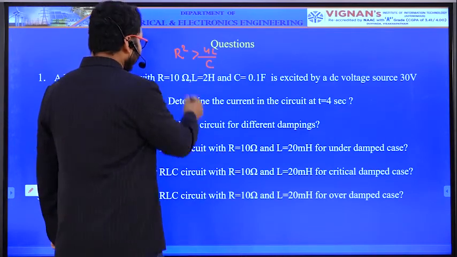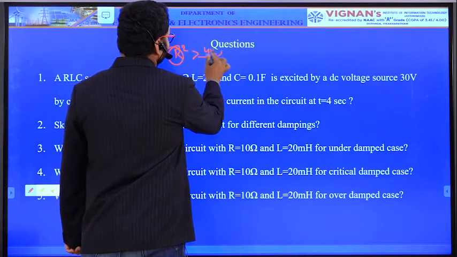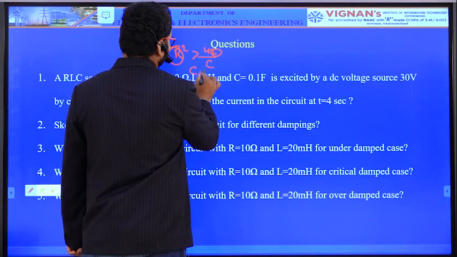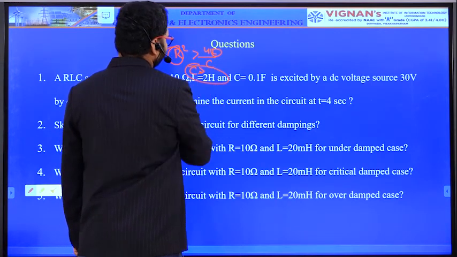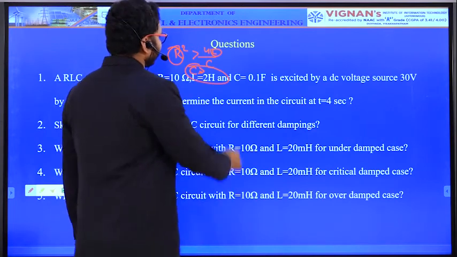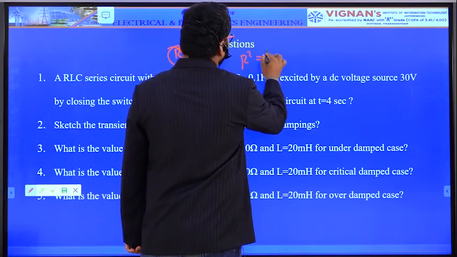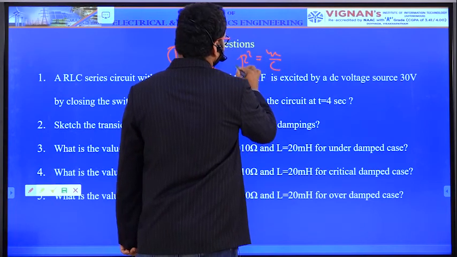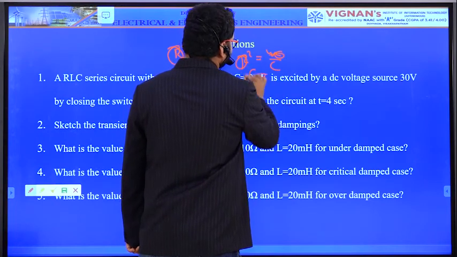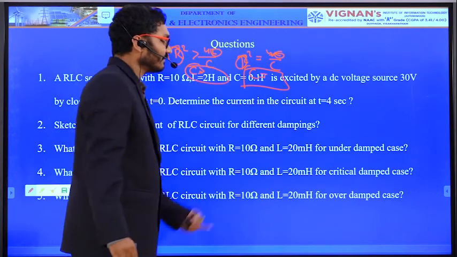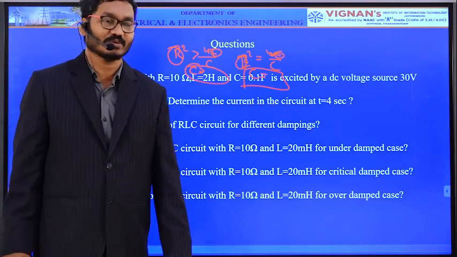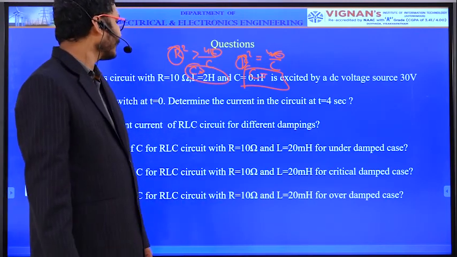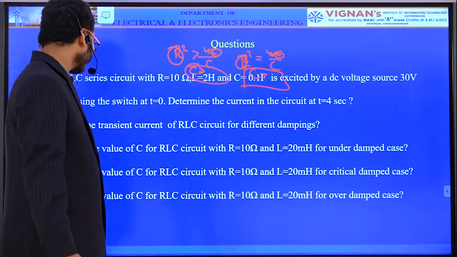Just substitute the R value and L value, and you will get a range for C. Similarly for R square equals 4L by C, substitute the R and L values and you will get C. Similarly, for the underdamped case, R square less than 4L by C, you can do it also. Do these questions. Thank you.